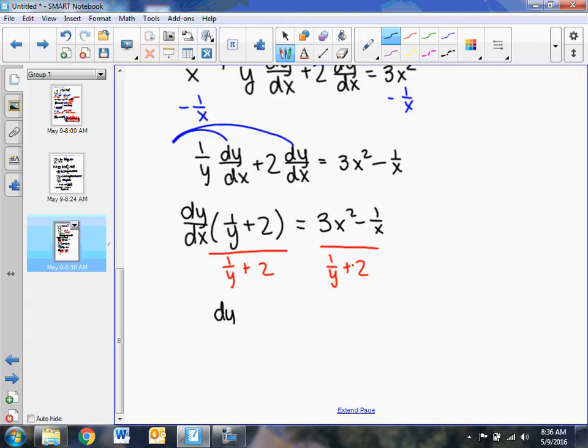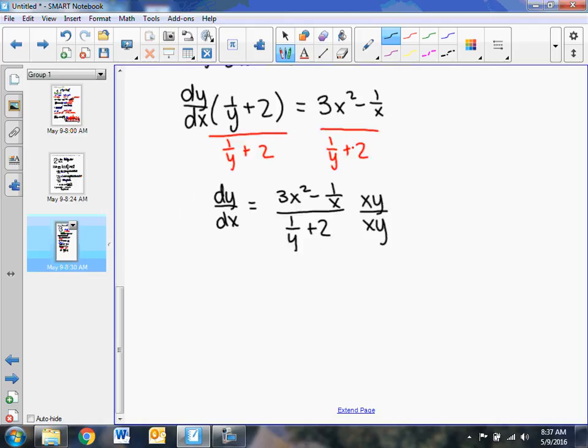So dy dx is 3x squared minus 1 over x, all divided by 1 over y plus 2. Now that's a perfectly fine answer. But if I wanted to make this look better, so I only have one numerator and one denominator, I can multiply everything by x, not y, x times y.